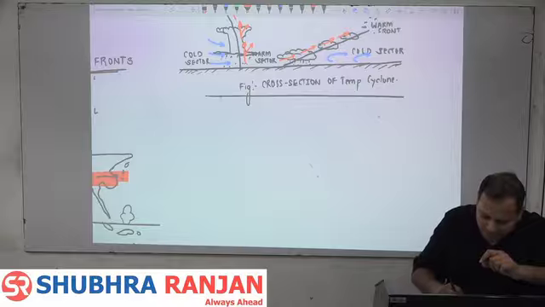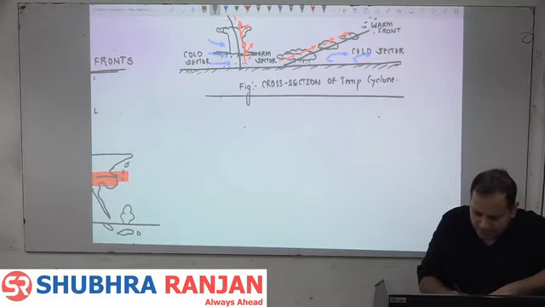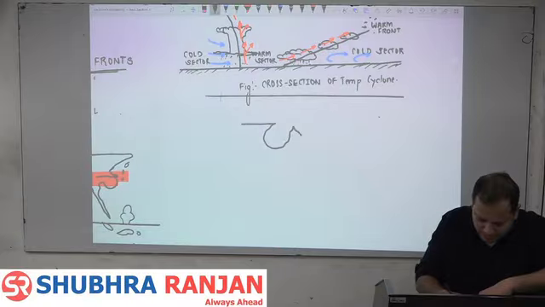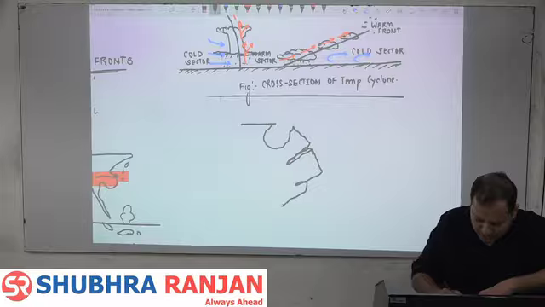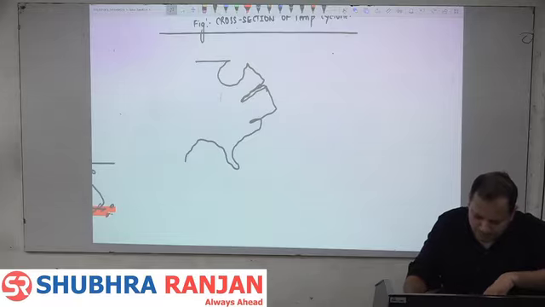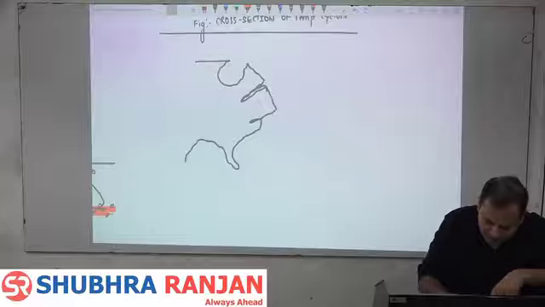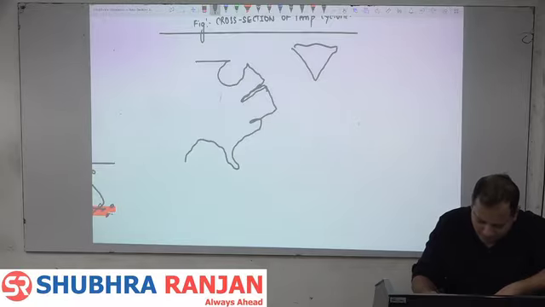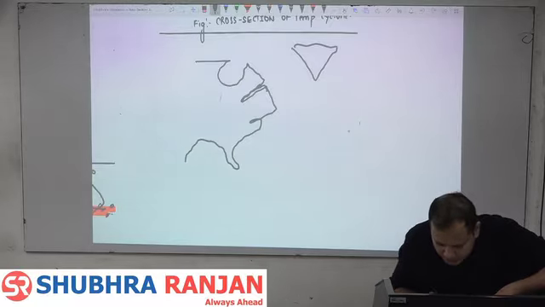Northwest Atlantic, full stop. The cyclones after originating here enter into Europe, giving rainfall to the northwestern part of Europe.